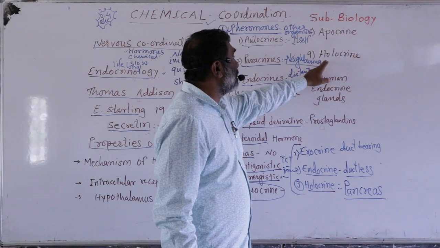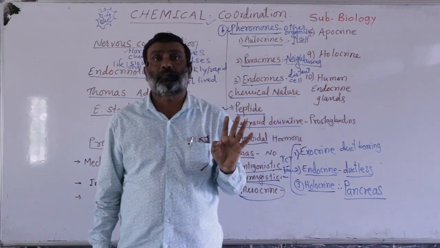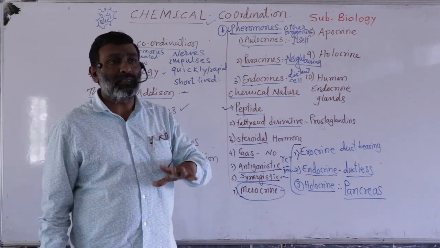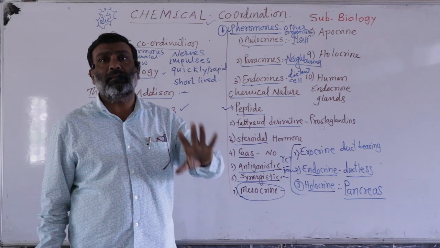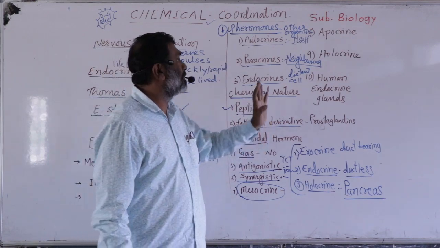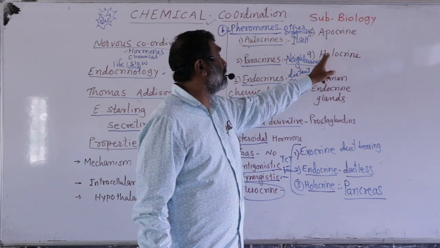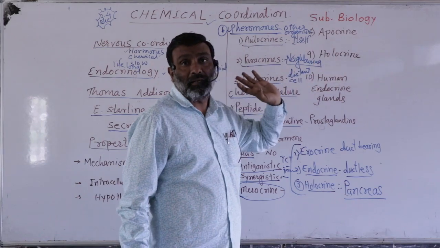Whereas there are certain glands which get destroyed after secretion. Once the glands have secreted, they get destroyed. So their secretion contains the complete part of the gland, and that is called a holocrine gland.